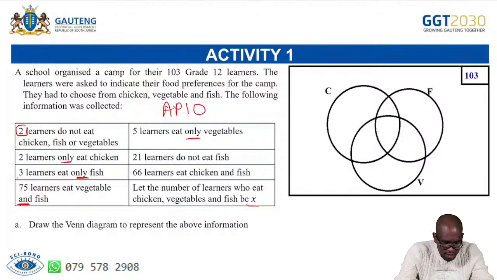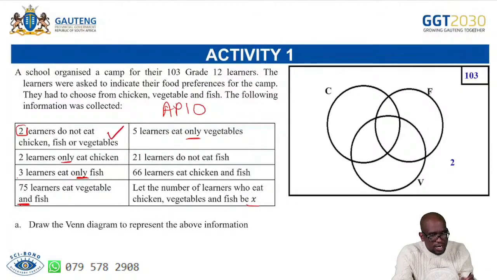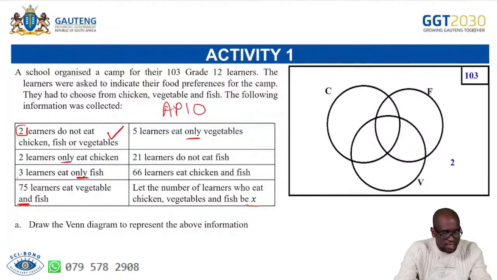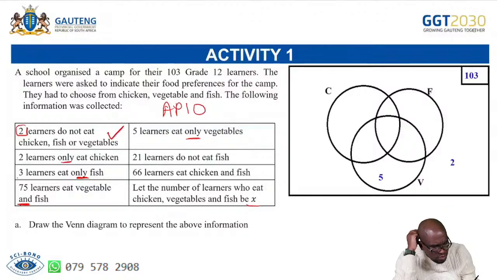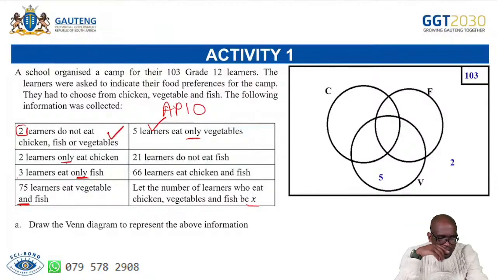All right, draw a Venn diagram. Now let's start with the 2 learners, because they are outside and it was explicitly stated in the statement. Then we can look at the 5 that eat only, the outside or individual ones.